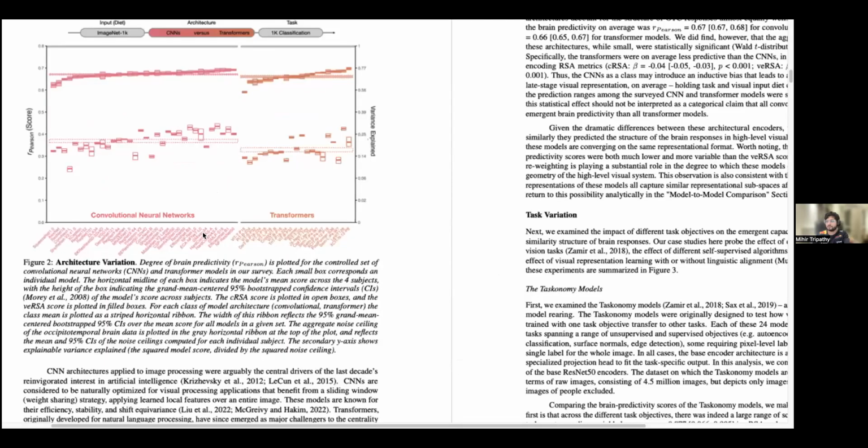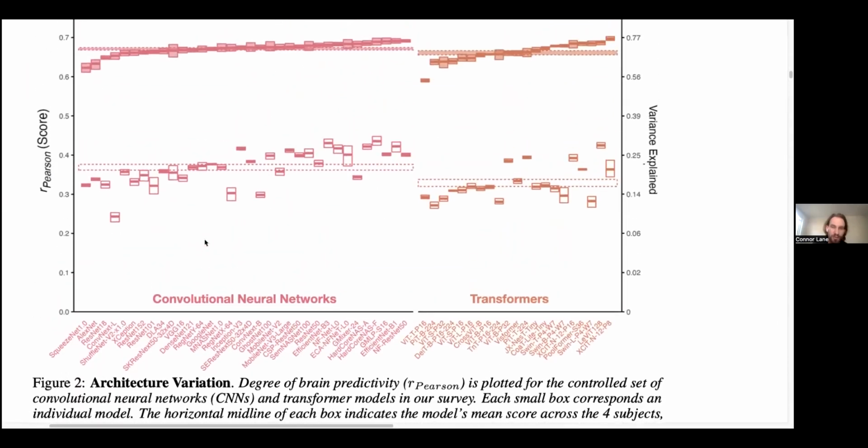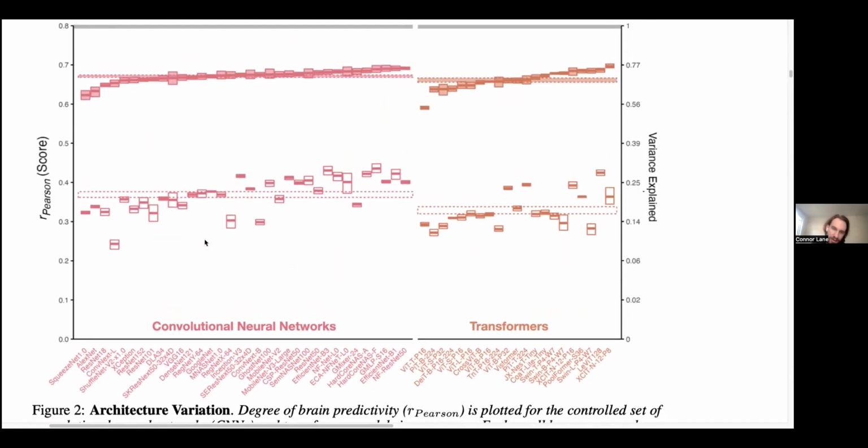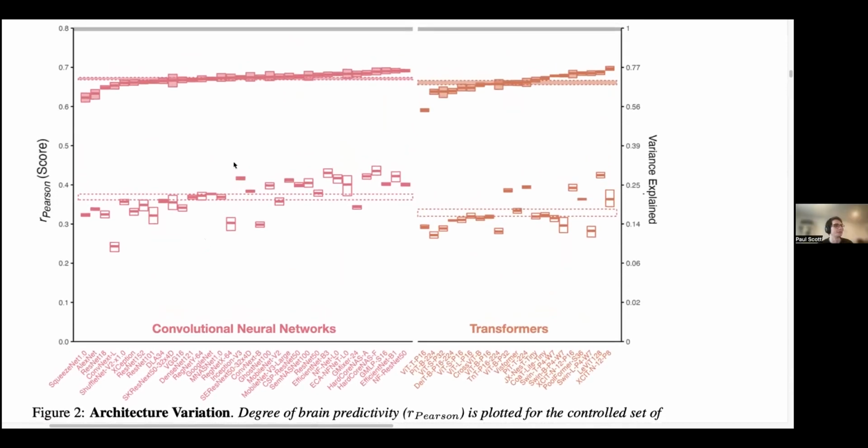Yeah, they're sorted by brain prediction score. I was trying to see if there's voxel encoding, RSA. If you look at this, QuizNet 1.0 has a score of around 0.63. So I guess they're just sorted on the basis of their Pearson coefficient, but then again, it's not even a delta of 0.1.